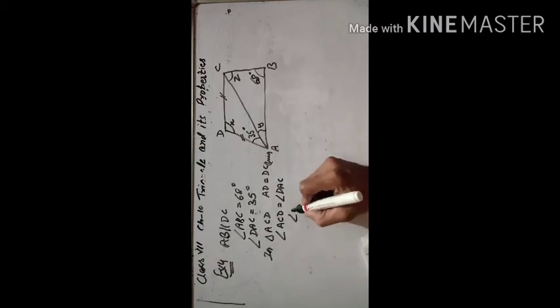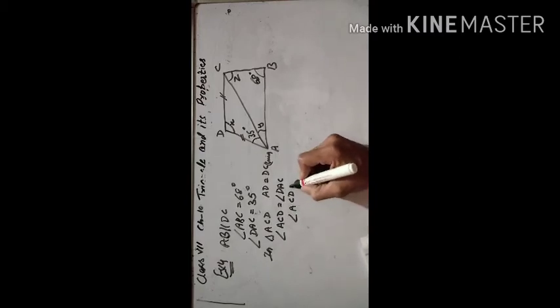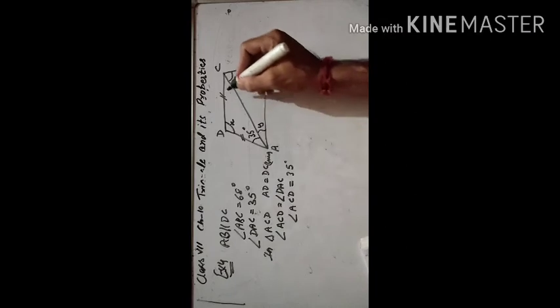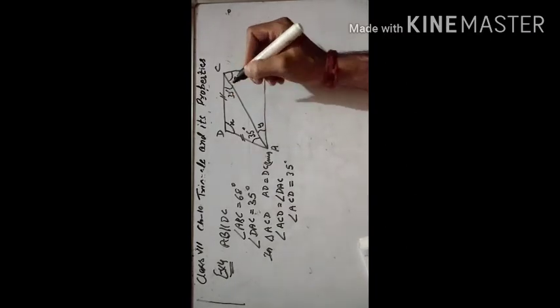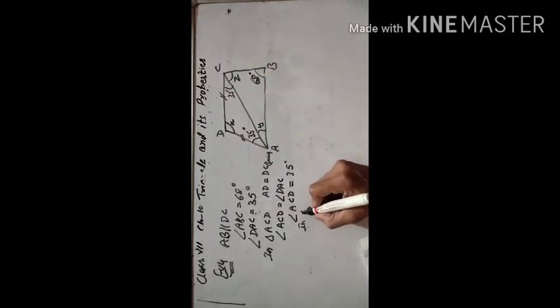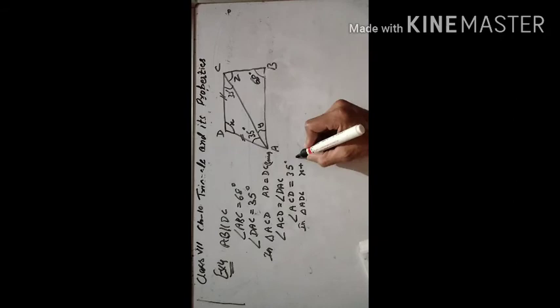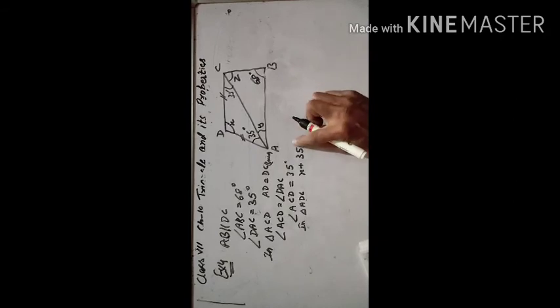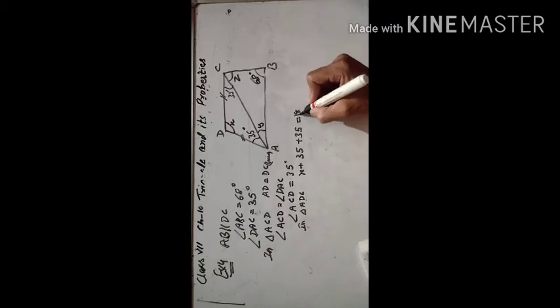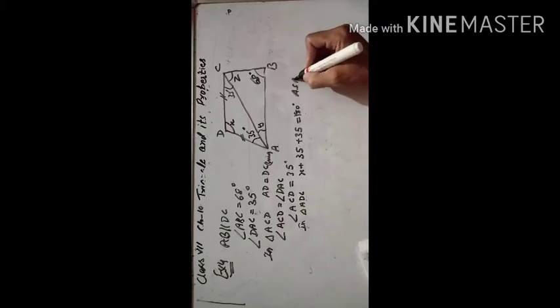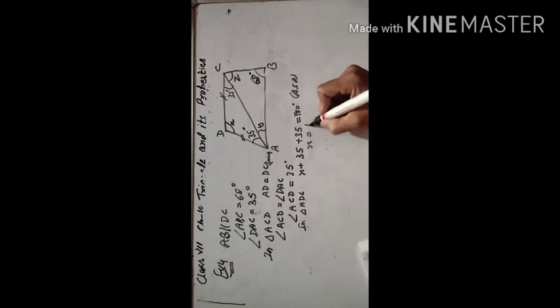So angle ACD is equal to 35 degrees. Now in triangle ADC, x plus 35 plus 35 is equal to 180 degrees, angle sum property. x is equal to 180 minus 70, x is equal to 110.